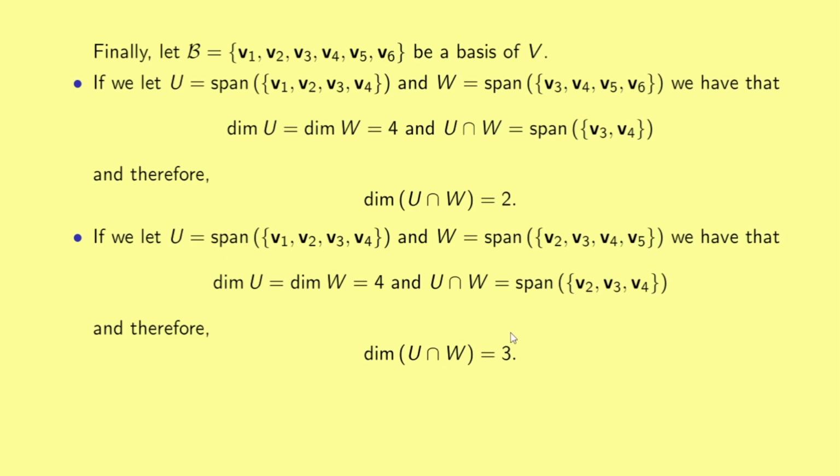And it's easy to see that in this case, U intersection W is the span of V2, V3, and V4. So it is a vector space of dimension 3. We have constructed subspaces of V of dimension 4, whose intersection has dimension 3. So this is also a possible case.